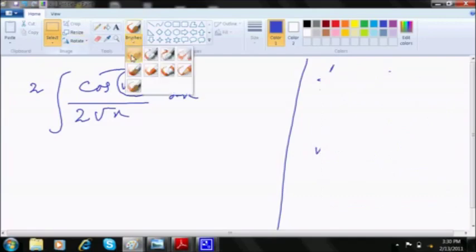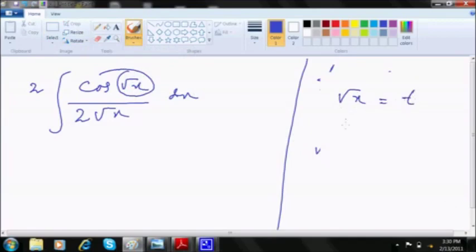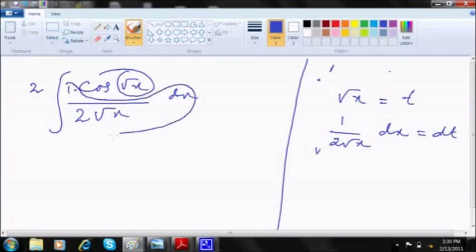So what I'm doing is I'm taking root x as t. Dy dx of root x is 1 by 2 root x. Dx is dt. So there is a 1 here in fact. So 1 by 2 root x dx, all this goes off from the picture as dt and I'm left with the cos of t. There is a 2 standing outside.